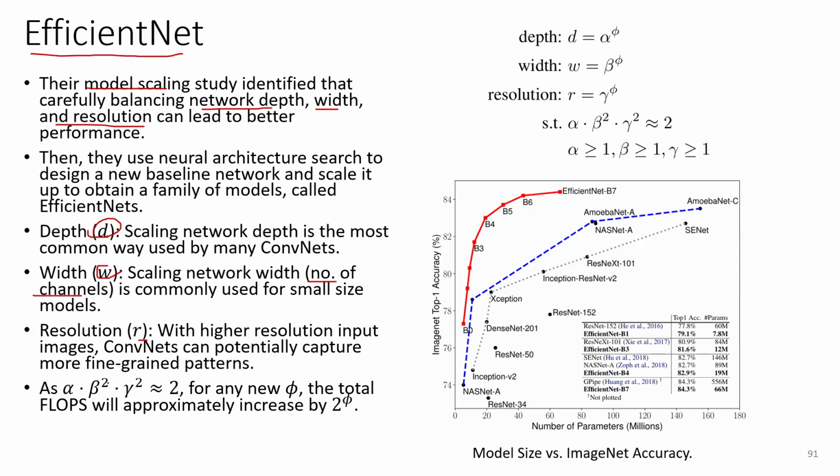So with these, they had this rule: alpha times beta squared times gamma squared is equal to 2. For any phi, the total FLOPs will approximately increase by 2 to the power of phi. So they know how much to increase the computation, and based on that, they were able to find the changes that they had to make in the depth, width, and resolution.